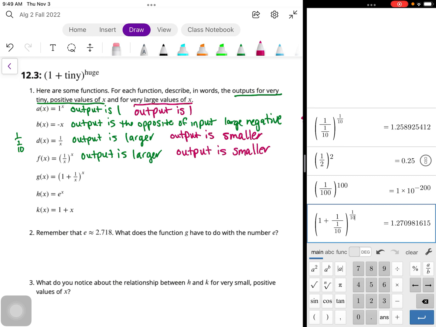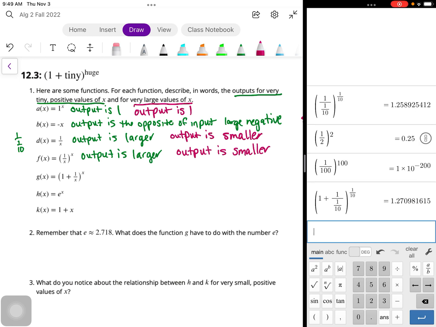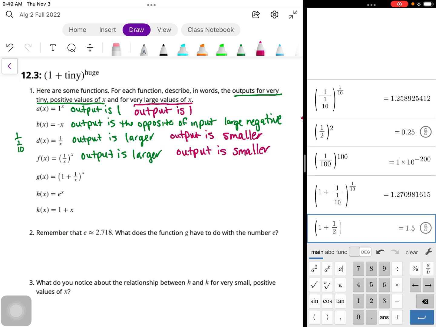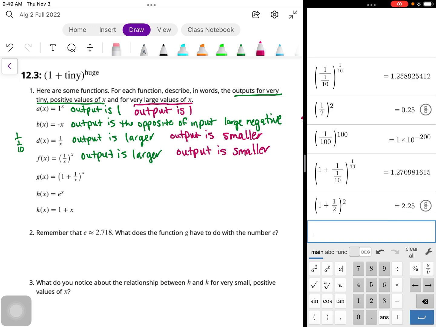So there's a small value of x. It's not super small, but it's pretty small. And then we'll do the same as we did previously. So 1 divided by 2, and then we're going to raise that to the power of 2, because x is 2, and that got bigger, whereas before it got smaller. And then here we'll do 1 plus 1/100th.